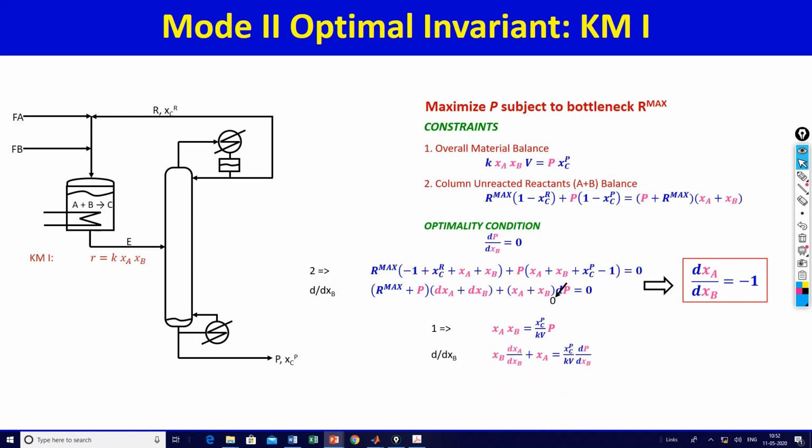When you differentiate, that's what you get, but then dP/dxB must be 0 for optimality. Invoke that again, and again the same condition comes out, xA must be equal to xB, implying that if I hold A and B in the same proportion in the reactor, then if R max is the bottleneck that limits production, holding A equal to B will maximize production. That's what it means.